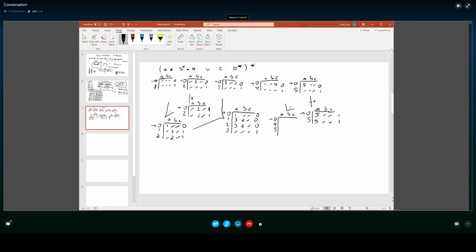Oh, the final states, of course, are all the final states we've had. So 0 is rejecting, 1 is rejecting, 2 is rejecting, 3 is accepting, 4 is accepting, and 5 is accepting.